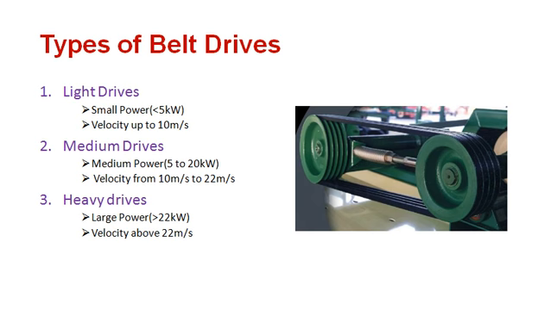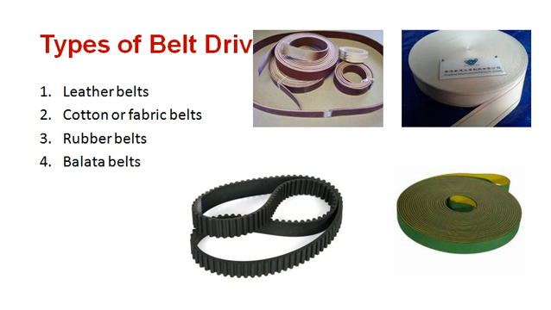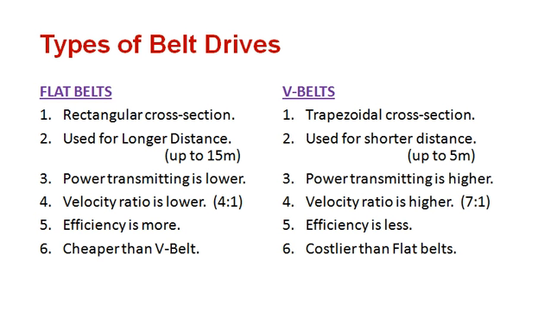Coming to the next, types of belt drives. These are manufactured either with leather belts, cotton and fabric material, rubber belts or balata belts. So flat belts and V belts. Flat belts have a rectangular cross section, whereas V belts have a trapezoidal cross section. Flat belts are used for longer distance, V belts for shorter distance.